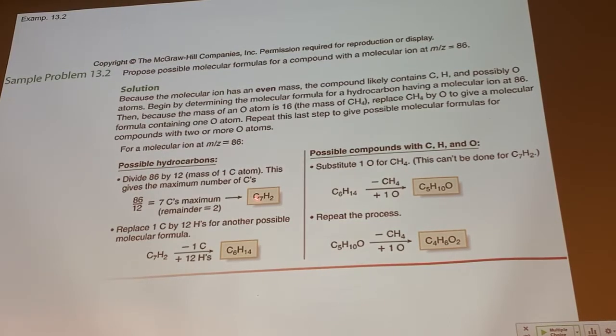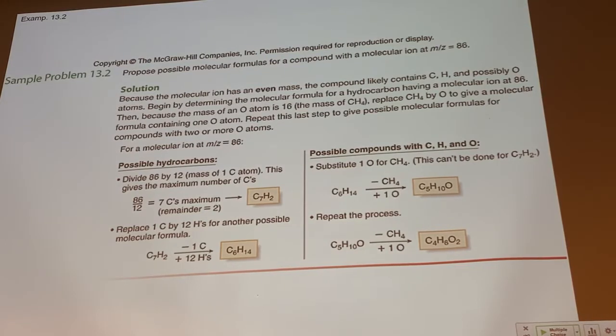How many degrees of unsaturation are there in this formula? What's the maximum number of hydrogens you can have with 7 carbons? 16. If we have 2, that's 7 degrees of unsaturation, right? You're not going to have 7 degrees of unsaturation with only 7 carbons.